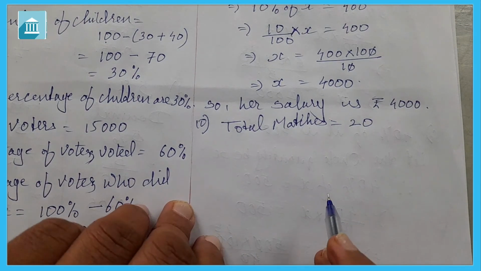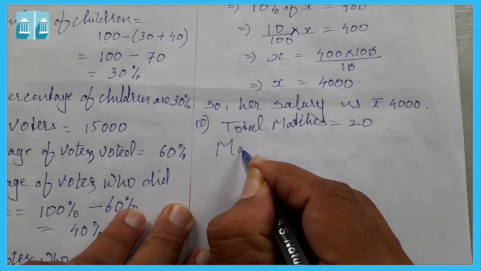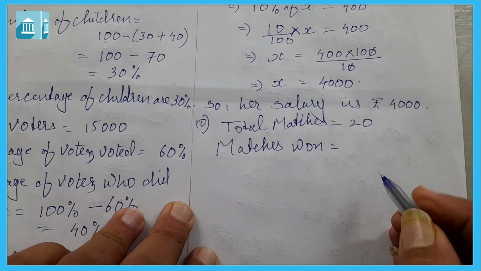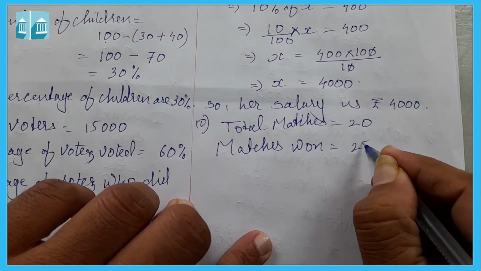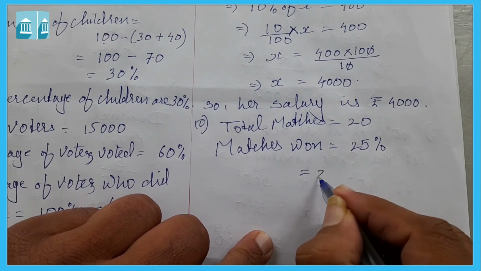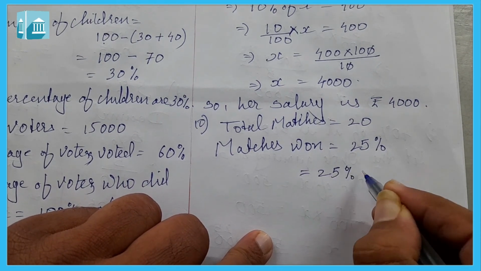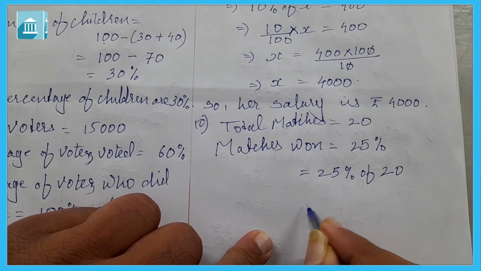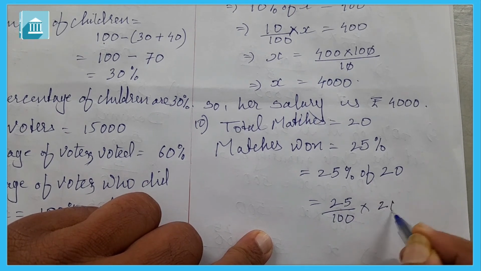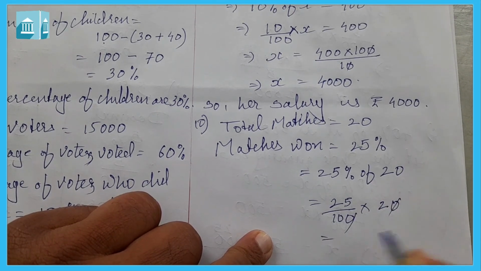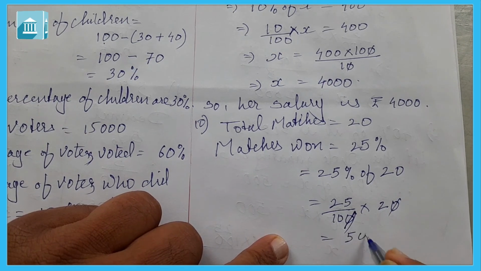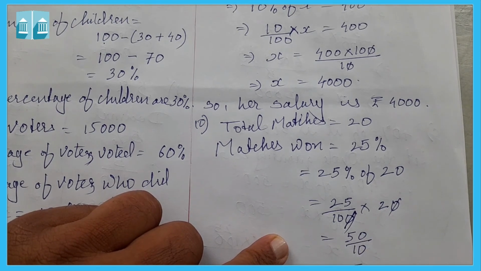Now matches won is equal to 25% of 20, which will be equal to 25 upon 100 into 20, which is equal to 50 by 10, which is equal to 5.